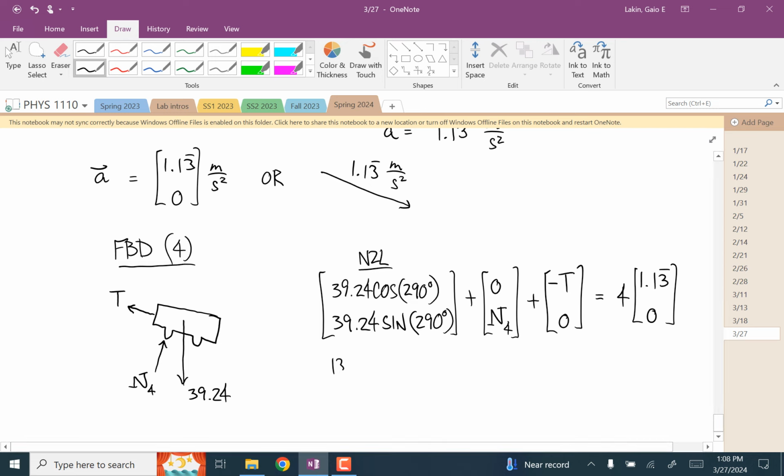So this is 13.42, negative 36.87, plus 0, N4, plus negative T, 0.